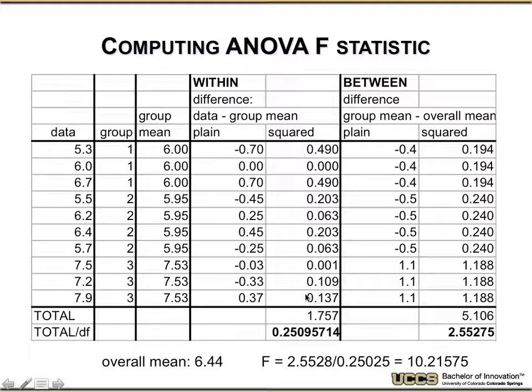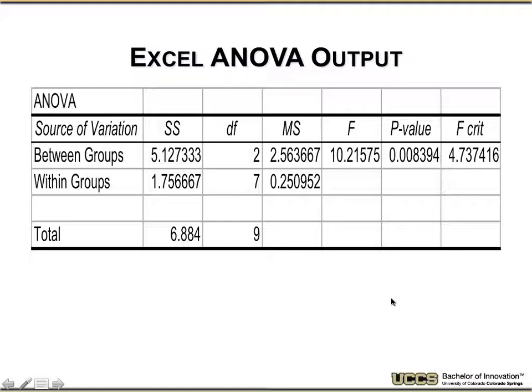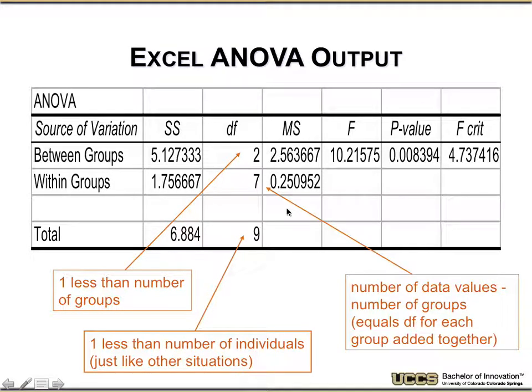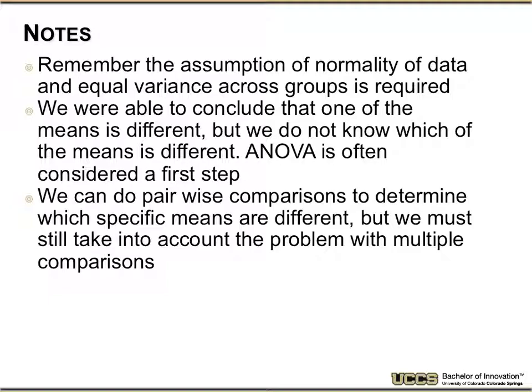To compute the ANOVA, you put the statistics together and run this through. The degrees of freedom is one less than our number of groups, and the number of individuals involved is the total sum of the samples. We have a p-value of 0.008. So there is a difference. But you've got to remember the assumption of normality, and a couple of the other things.